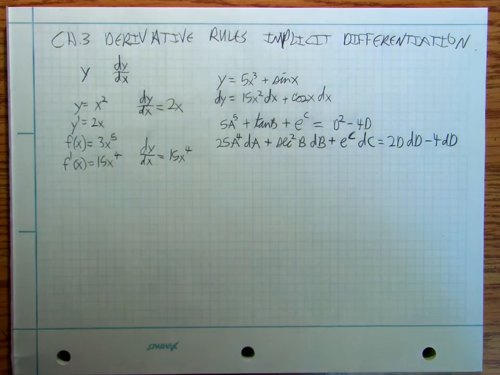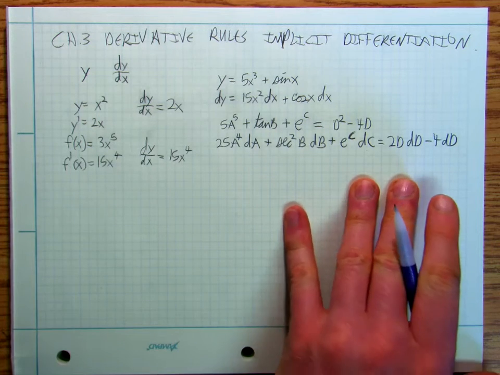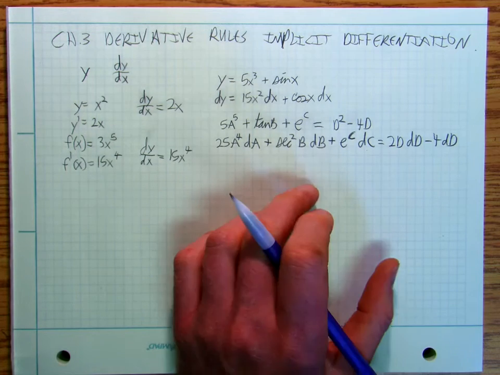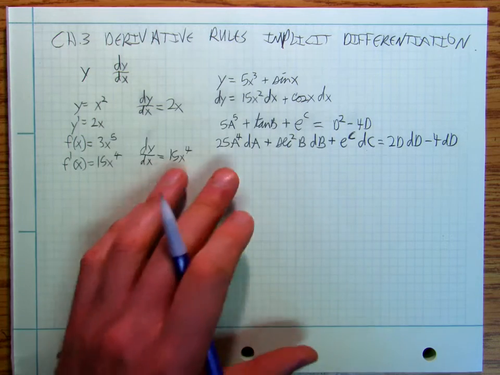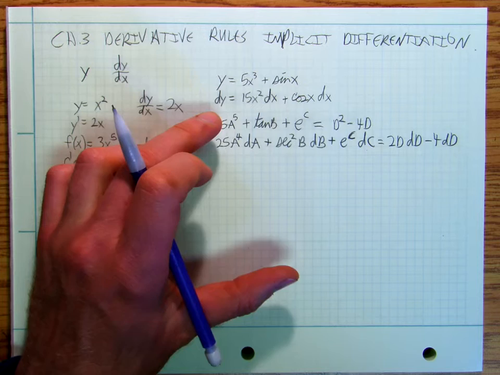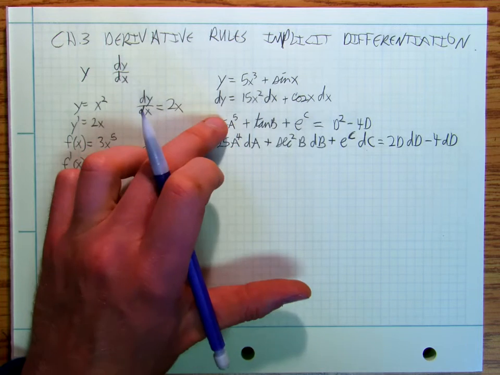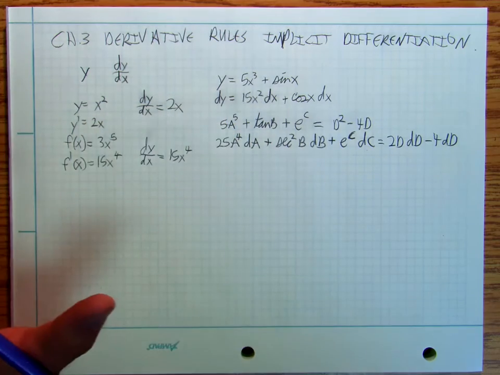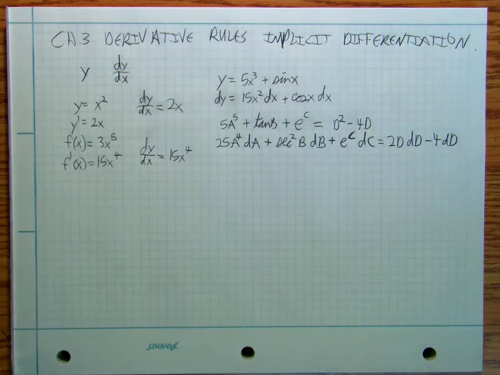So that's about the most general that it gets in terms of taking the derivative. Whenever you take the derivative of something, you just throw a d whatever that variable is out at the end of it.